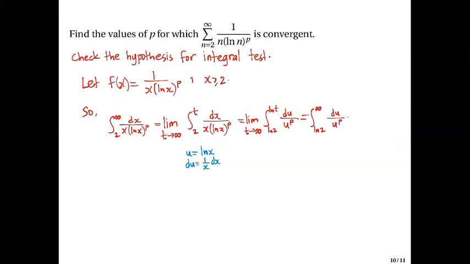And then you apply your p-test for the improper integral. You know that this is convergent when p greater than 1 and divergent when p less than or equal to 1.